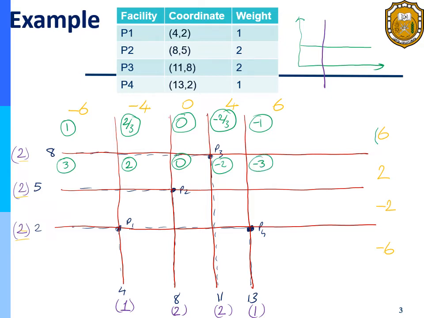Okay, next one, minus 6 divided by minus 2, 3. Take the negative, it will be minus 3. Minus 4 divided by minus 2 with a negative sign, so it will be minus 2. This one will be 0.